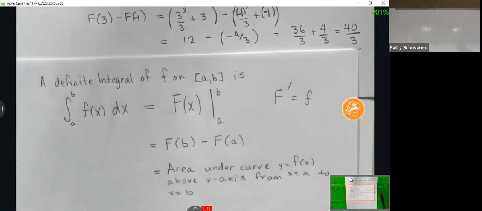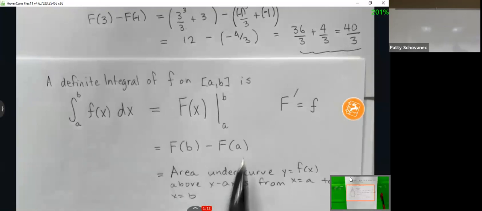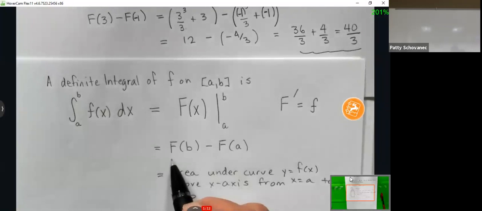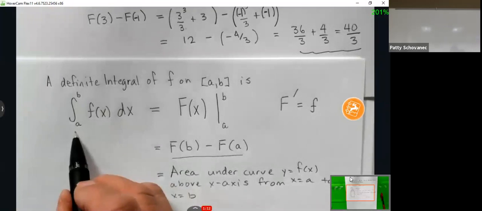That's our definition of the definite integral, but it's also something that reunites the derivative with a sum.